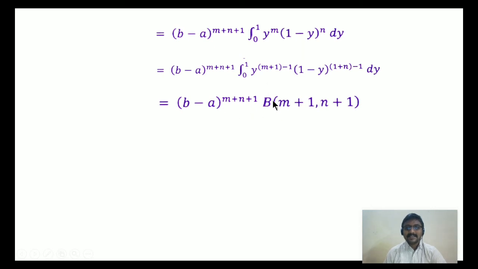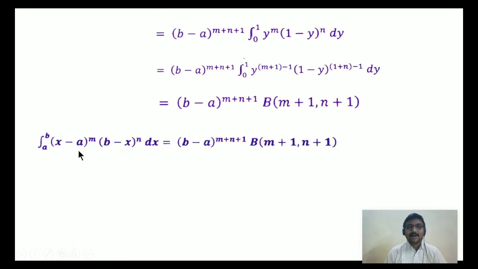Now it is nothing but, by the main definition of beta function, beta of m, n is integral 0 to 1 y to the power of m minus 1 into (1 minus y) whole to the power of n minus 1 dy. But here m is replaced with m plus 1 and n is replaced with n plus 1. So the integral is nothing but beta of m plus 1 comma n plus 1. So thus the required statement is clearly proved.